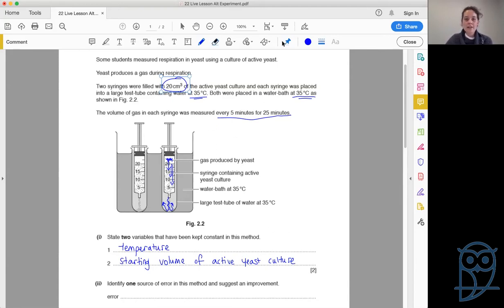There are other things that have been kept constant here. So if we think about it, the other thing we underlined was every 5 minutes for 25 minutes. So we have also kept constant the time intervals. Okay, both of them are measured at exactly the same time. We've also used only one culture. So we have also controlled the yeast culture used.